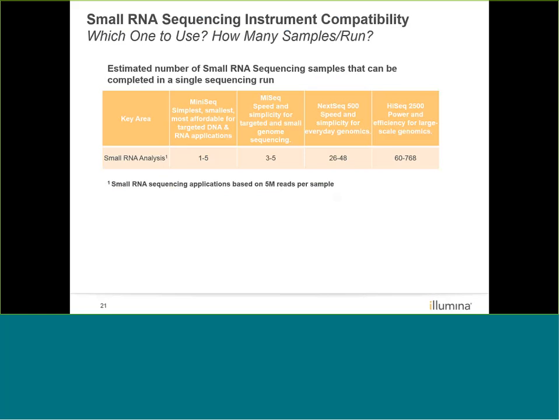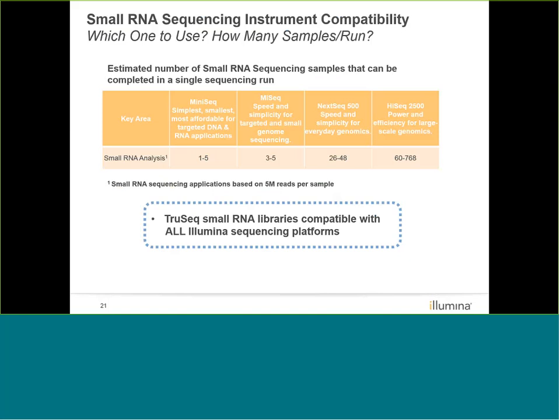So here we give you the estimated number of small RNA sequencing samples that can be completed in a single sequencing run for MiniSeq, MiSeq, NextSeq, as well as HiSeq. The TruSeq small RNA libraries actually are compatible with all Illumina sequencing platforms. We're just listing some here for your reference.